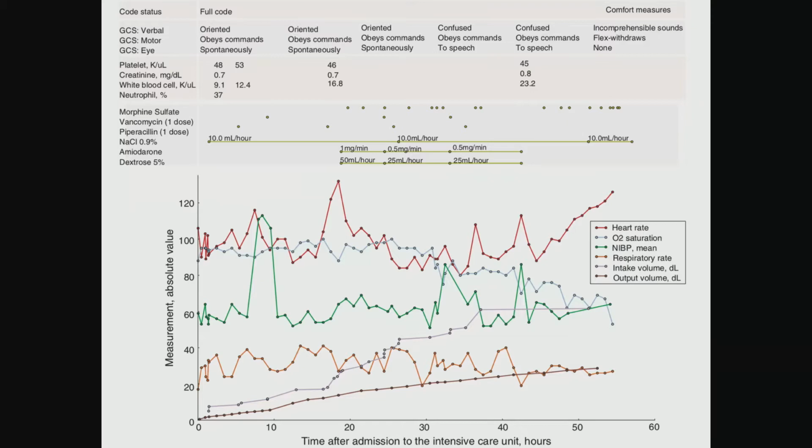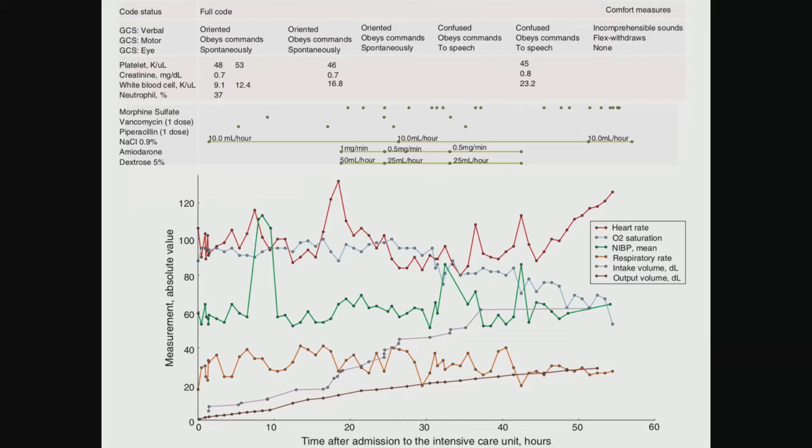Now, we then look at labs, so we can see their level of platelets at about the time that they're measured, their creatinine level, their white blood cell count, the neutrophil percentage, et cetera. There's not every possible data point on this slide. This is just illustrative. The next section is medications. So the person is on morphine.